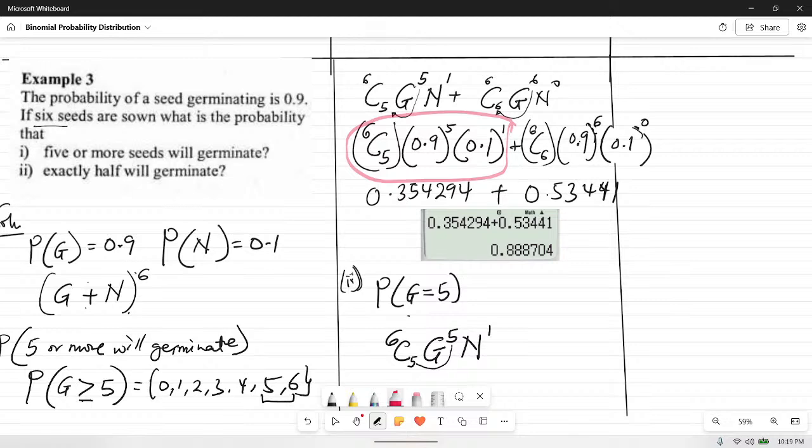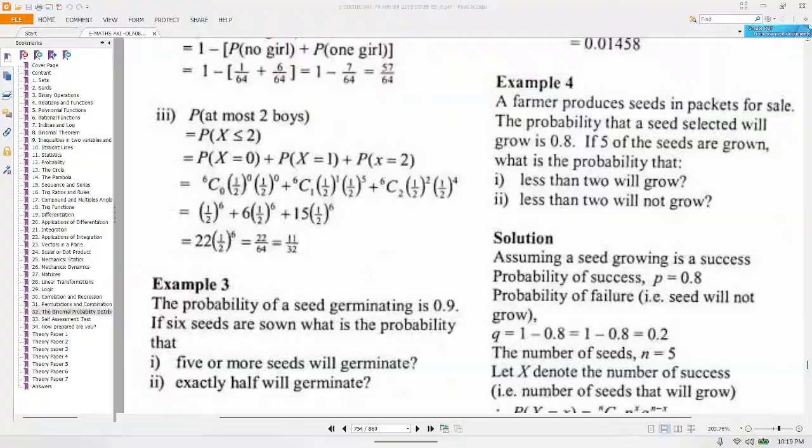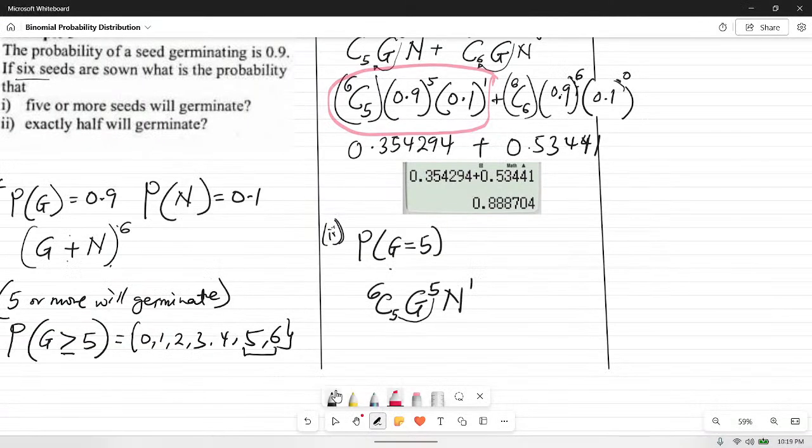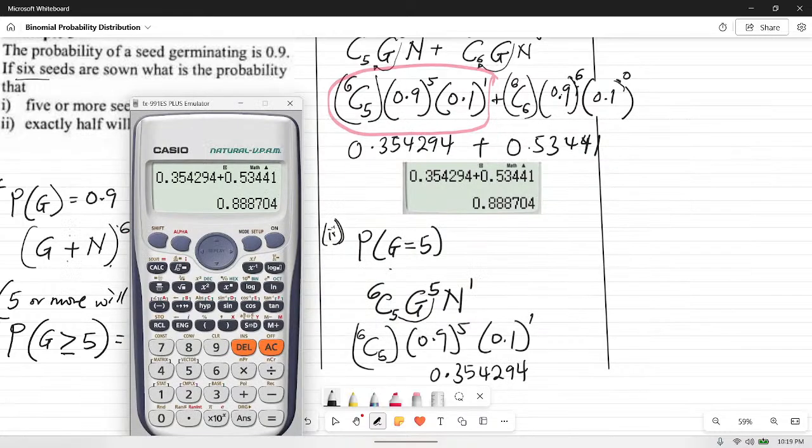So it's 6 combination 5 times 0.9 exponent 5 times 0.1 exponent 1. That's 0.354294.